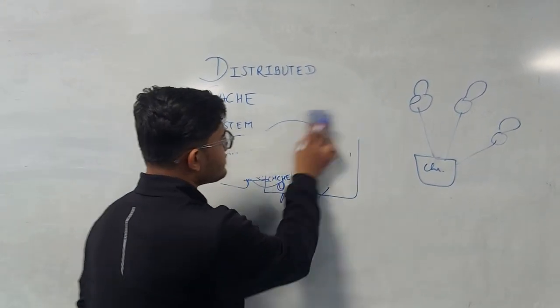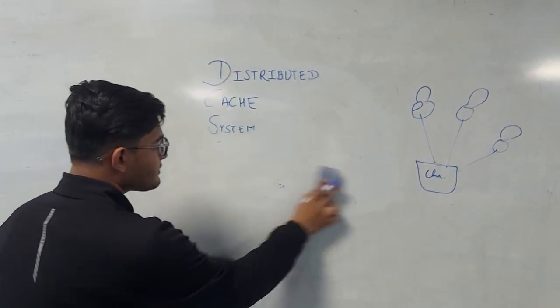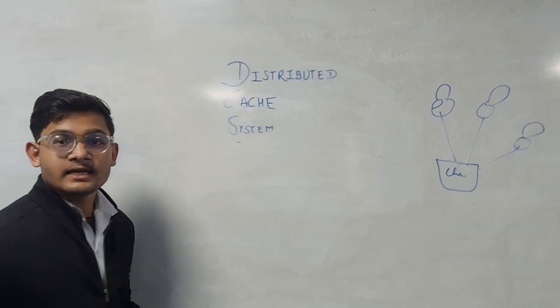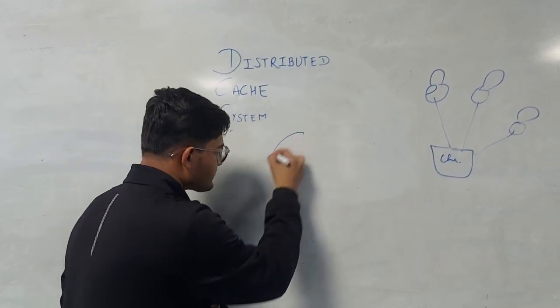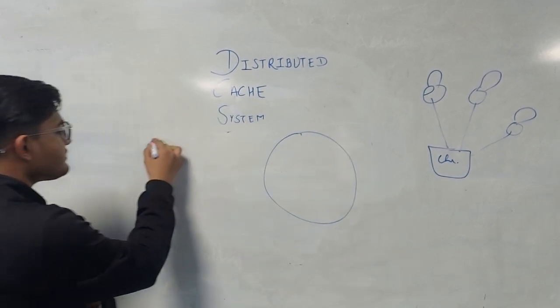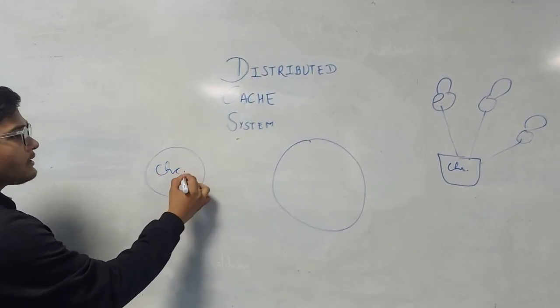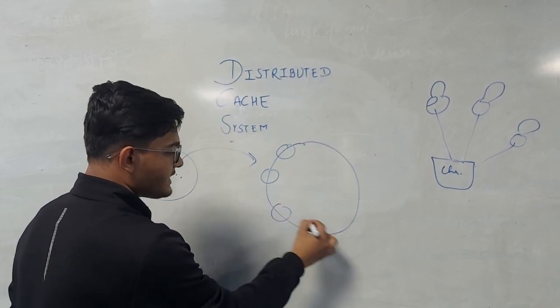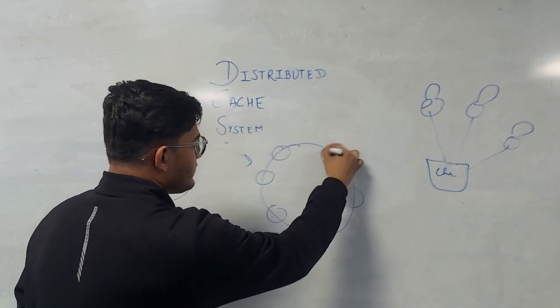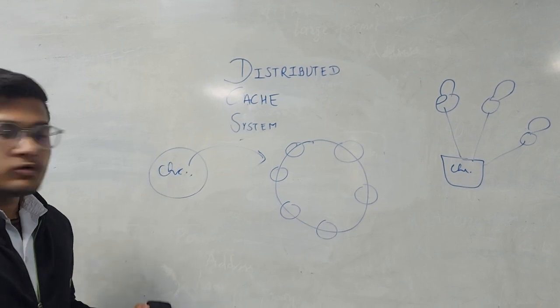In distributed caching, we distribute our cache into multiple caches on multiple servers. For example, let's suppose this is our cache memory and we distribute it into multiple small caches, and these caches are used to store the cache data.